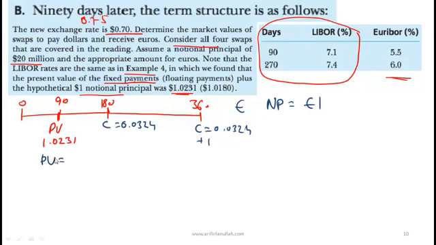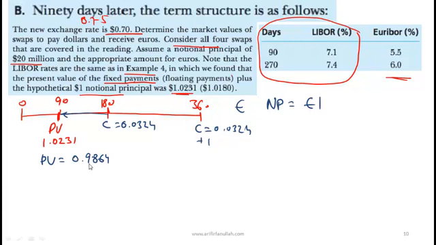Now what is the present value for euros over here? How will you do that? Have we come up with these present value factors before? Not for euro. Okay, so you come up with the present value factors for euro. That should be the same procedure that you've done before. So do that. This discount factor from here to here should be 0.9864.